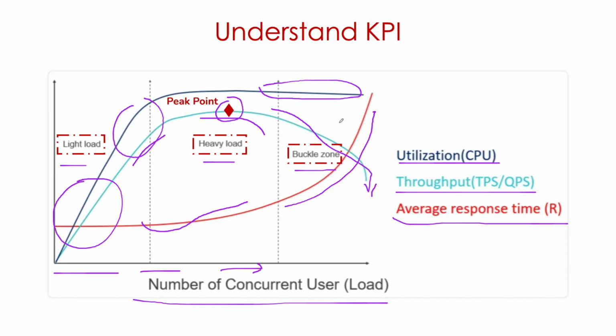We call this the buckle zone. At this moment, we should stop the testing to avoid the system crashes. So the stress testing curve shows us how much load the system can handle very well and where the performance limitation of the target system is. Okay, this is a very classical performance curve for stress testing. I hope you can understand it very well.